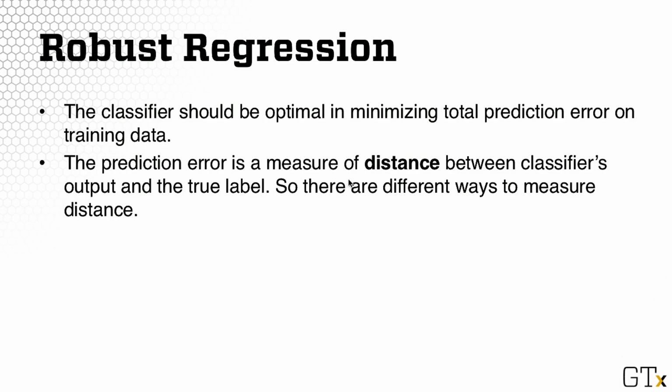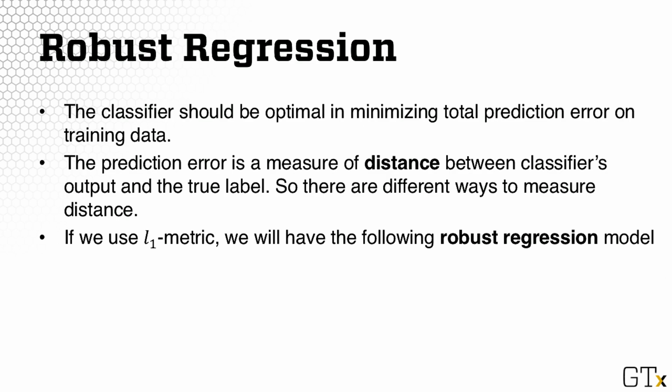And the computer model should minimize the distance or the error between its prediction and the doctor's prediction. So we see that there is a function related to distance again. There are many different ways, and as we already saw, there are at least 2 ways to measure distance. We'll use the L1 metric again. And when we use the L1 metric, the resulting problem is called the robust regression model.